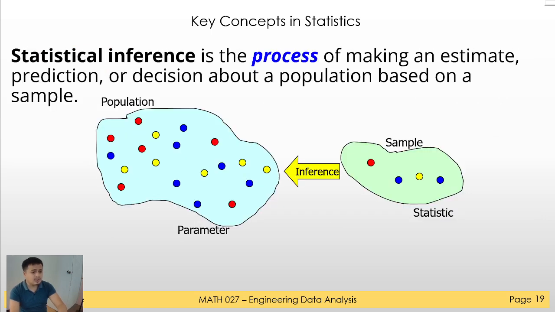Visualizing this, we have the sample and statistic on the right-hand side, and then we create a connection through inference to the population. One example: let's say you want to figure out the average height of the population of the Philippines. In reality, you cannot ask them one by one.